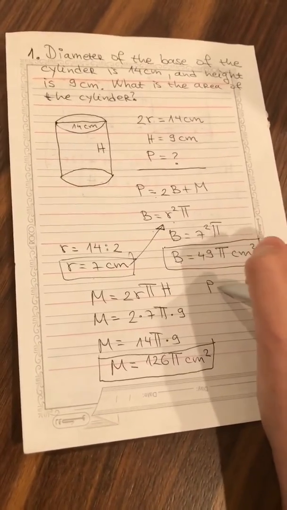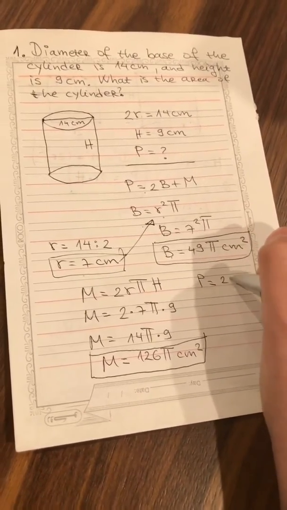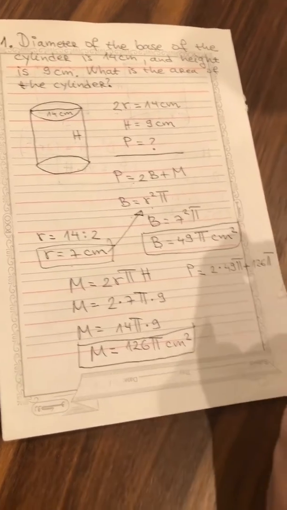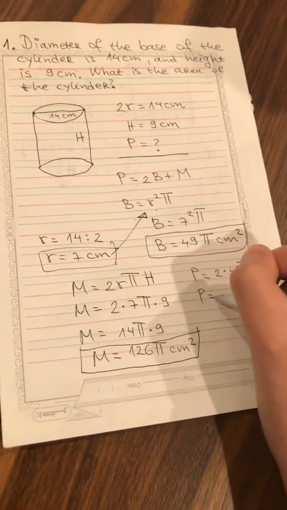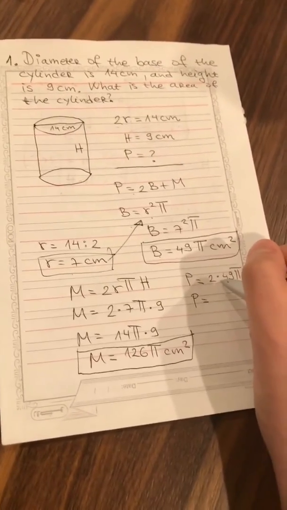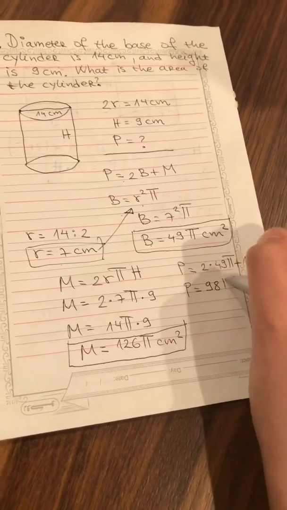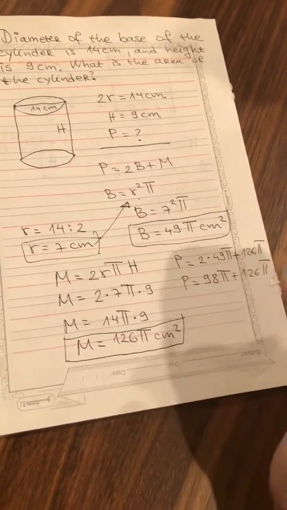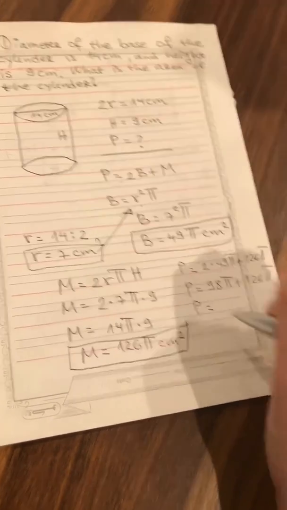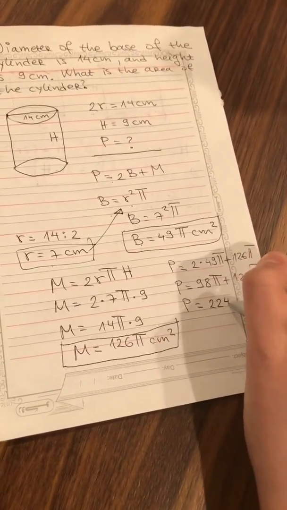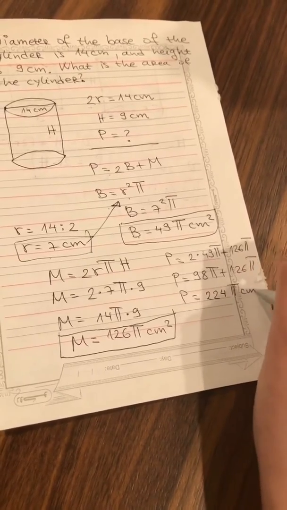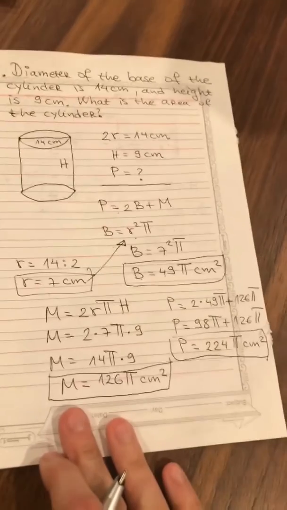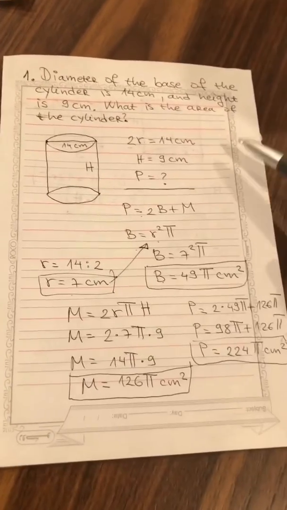So P is equal to 2 times 49 pi plus 126 pi, which is 2 times 49, that is 98 pi, plus 126 pi, and our area is 224 pi centimeters squared. In this way we found out what is the area of our cylinder.